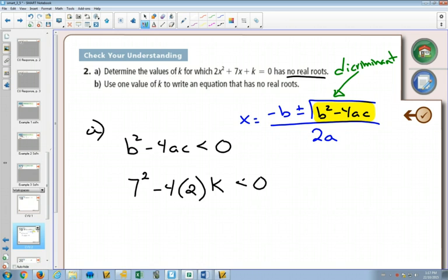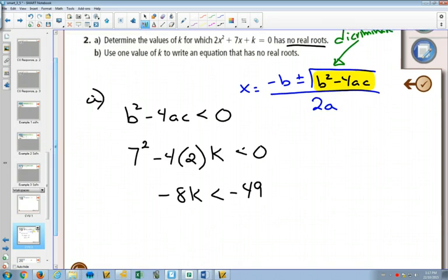So in this case, if I wanted to solve this, I want to get k by itself. If I move the 49 to the other side of the equation by subtracting 49 on both sides, the inequality would stay the same way because I haven't multiplied or divided yet. But now if I divide by negative 8, now my sign is going to flip.